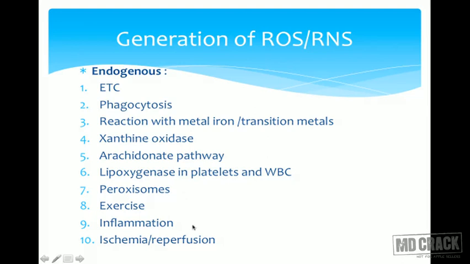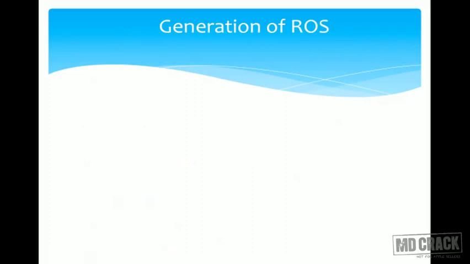There are so many causes wherein the reactive oxygen species are generated. Some of them you can see are enzymes, some of them are pathways, some of them are physiological states during which reactive oxygen species are liberated.